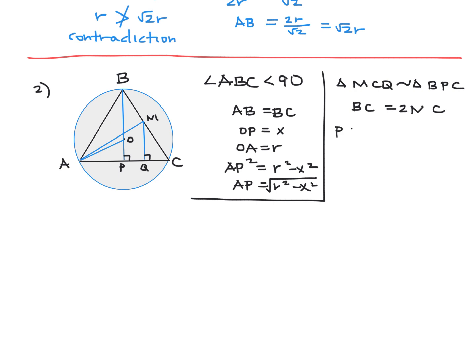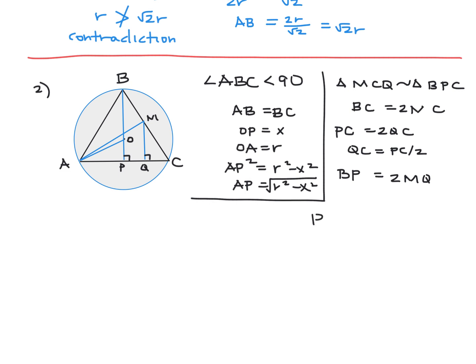And then PC is equal to 2QC, because Q drops directly down from the midpoint. And therefore, QC would be PC over 2. And then BP would be 2MQ. Yeah, this is all logical, considering that M is the midpoint of BC.